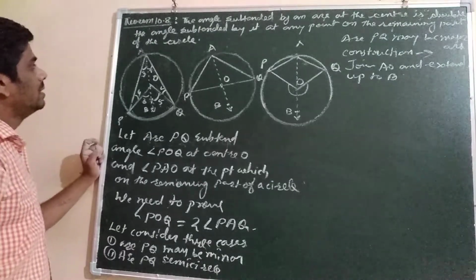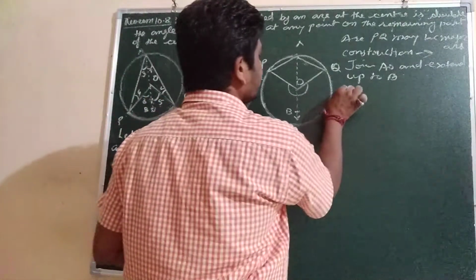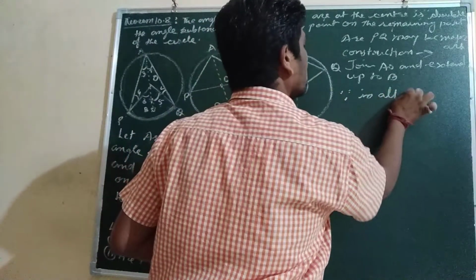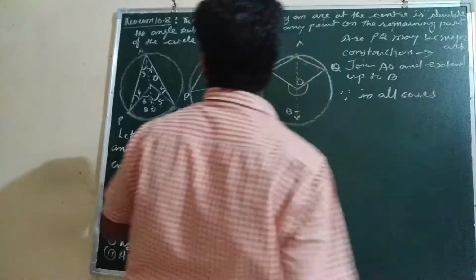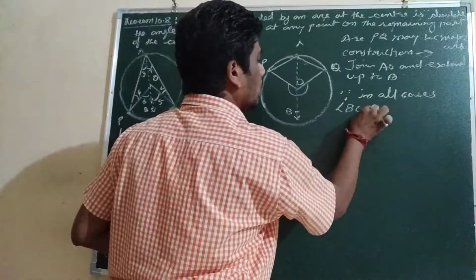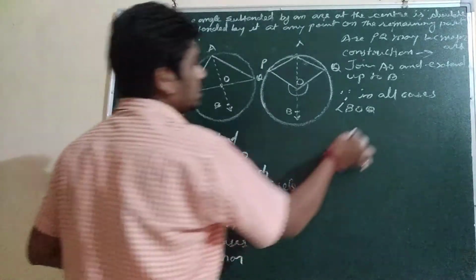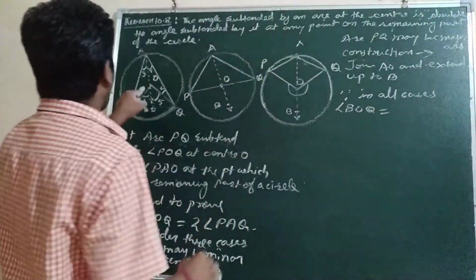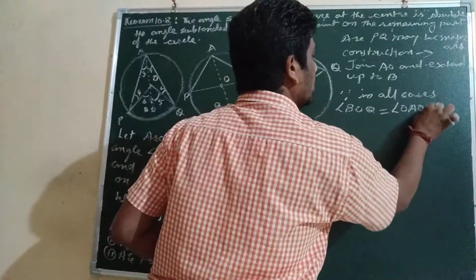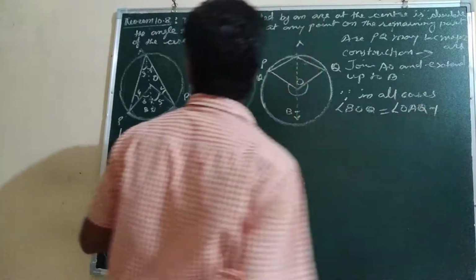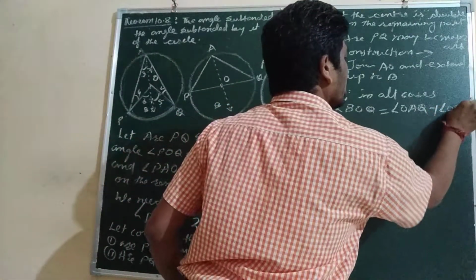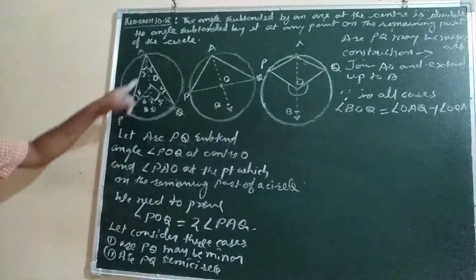So we write here, since in all cases angle BOQ is equal to angle OAQ plus angle OQA. Okay, this will be equal.